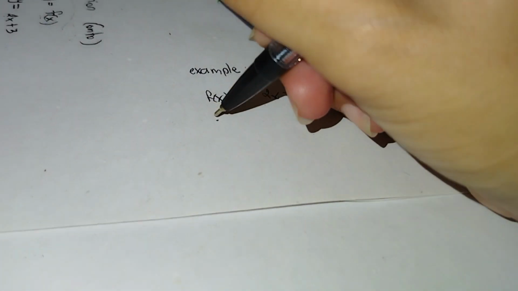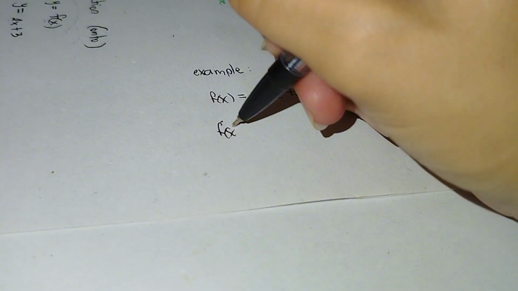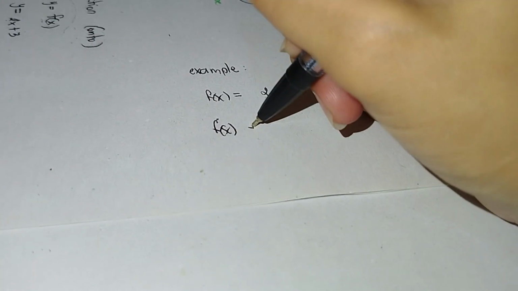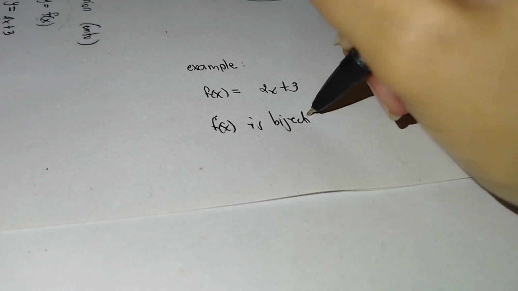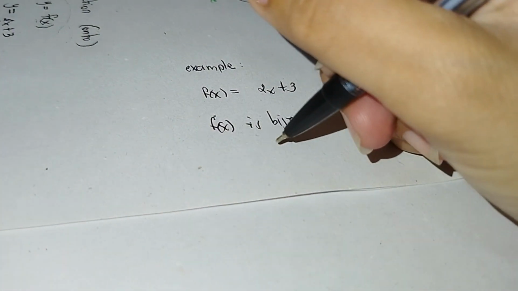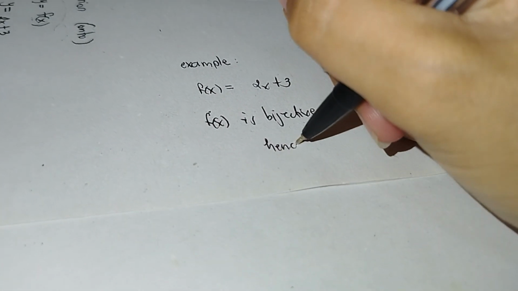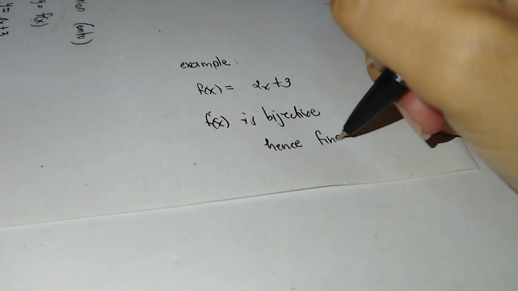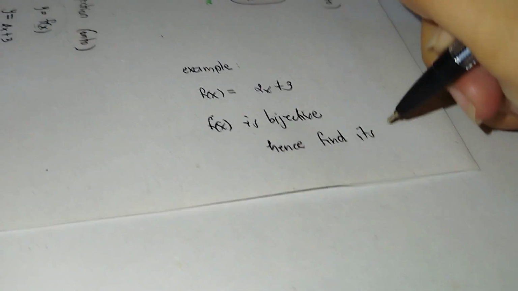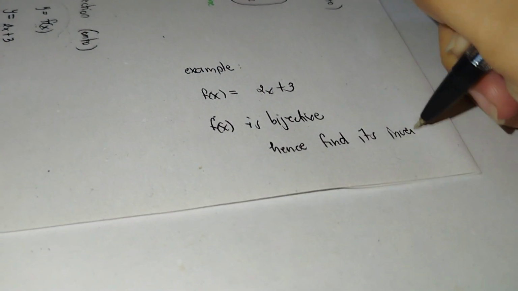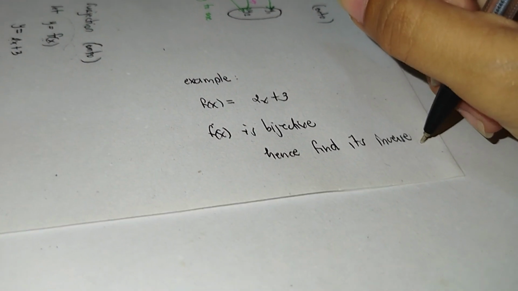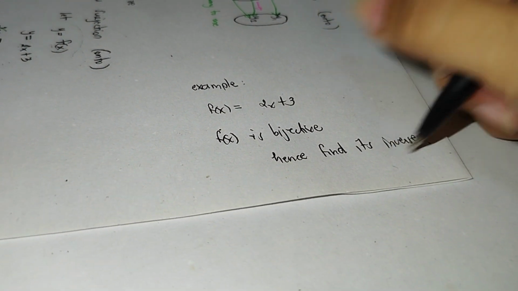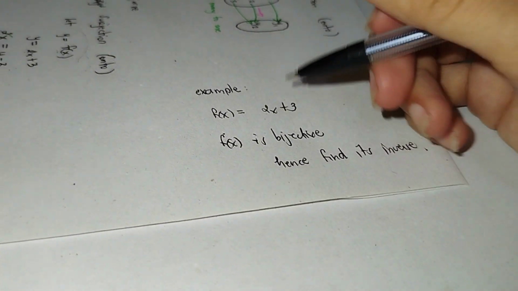If f of x is bijective, hence find its inverse. So that is what we need to find: the inverse of this example.